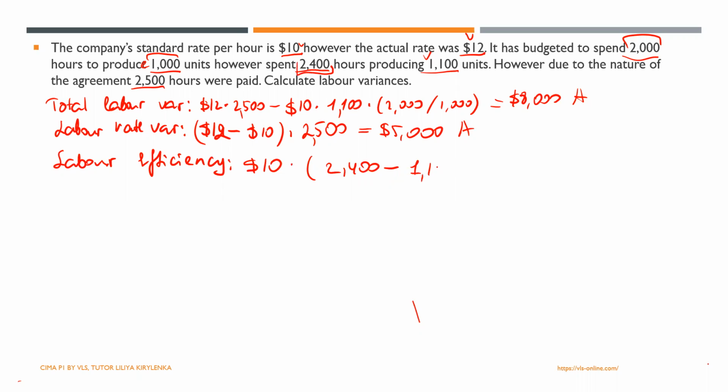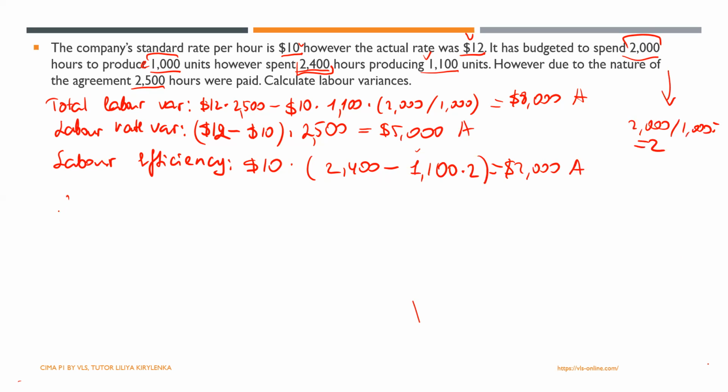Oh, look, it's 1,100 units multiplied by our budgeted number of hours per unit, which was 2,000 divided by 1,000 equals 2. So we will multiply that by 2. Okay, so meaning that we had the variance that was adverse, so it's going to be 2,000, because we had to spend more hours than we expected, so it's adverse.